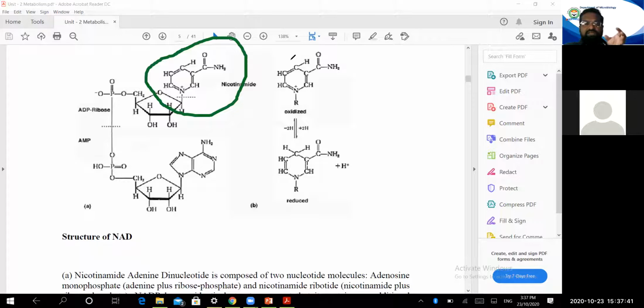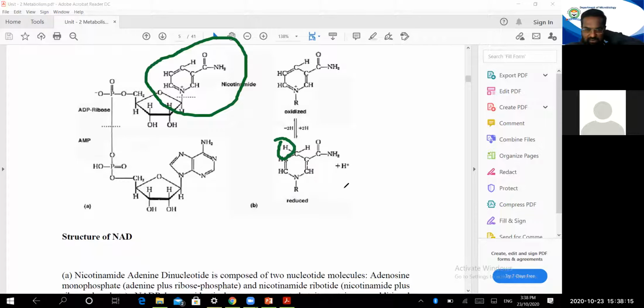Now, when an oxidation reaction occurs in which an electron is removed from a substrate molecule, that electron is accepted by this NAD molecule. This oxidized NAD molecule becomes reduced, and these electrons, these hydrogen ions, are added at this location.